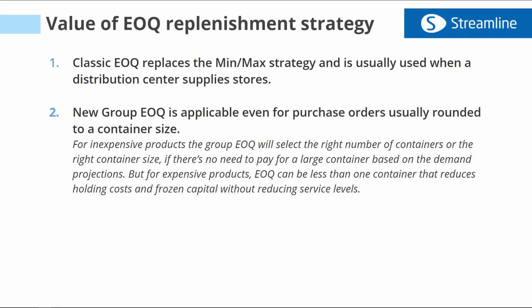And EOQ tells us if we should purchase a full container or maybe half container. And by the way, we also have in roadmap to add containers of different sizes so that Streamline could choose the right container size for each case based on our purchasing recommendation.